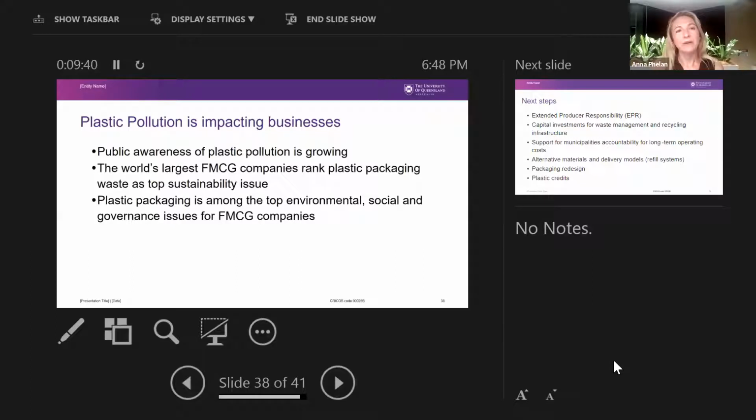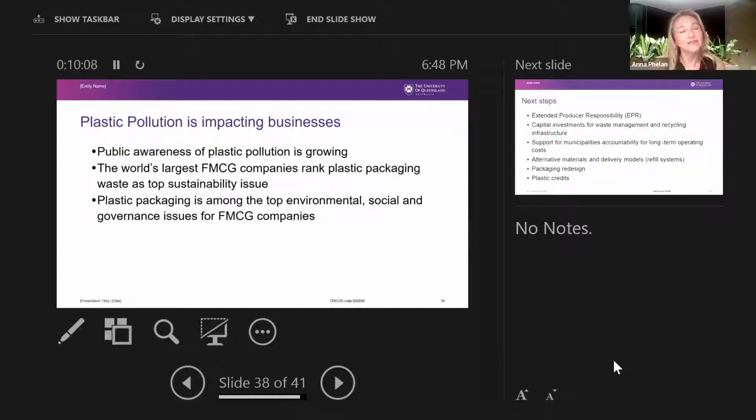And the point is that plastic pollution is not only impacting ecosystems, it's certainly impacting business. Public awareness on this issue has grown exponentially, as much as the pollution itself, and is ranking sometimes first and in other regions, second after climate change. So there's tremendous pressure.